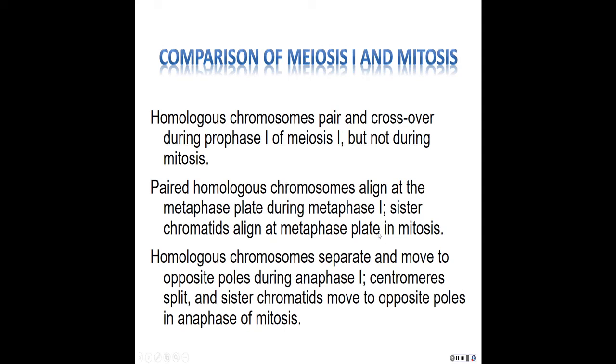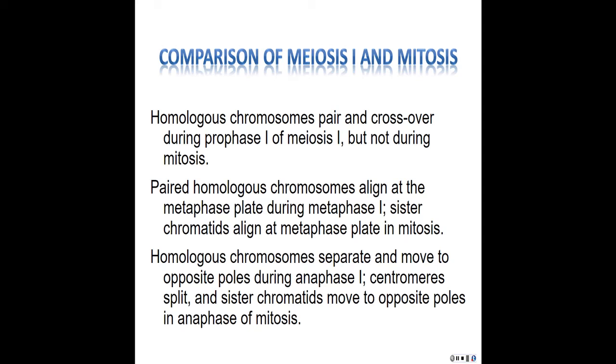Let me just take a moment to make sure there's nothing in here that I didn't already talk about. These are just restatements of the comparisons and contrasts. The homologs pair and cross over during meiosis, but not mitosis. The paired homologs align at the metaphase plate, as opposed to the sister chromatids aligning at the metaphase plate in mitosis.